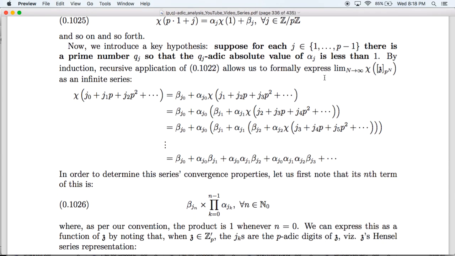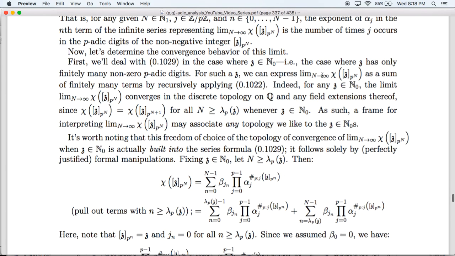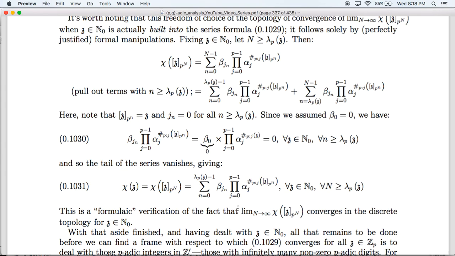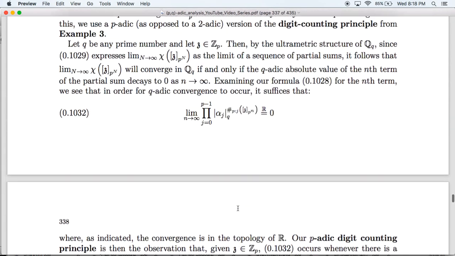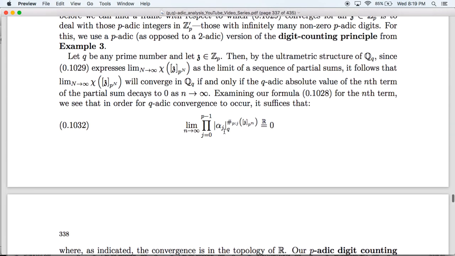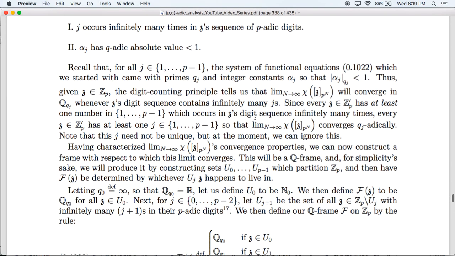In other words, as long as z has infinitely many j's in it, then this product will converge to 0 q_j-adically as n goes to infinity. And so the rule is, in order to converge q_j-adically, we need z to have infinitely many j's.